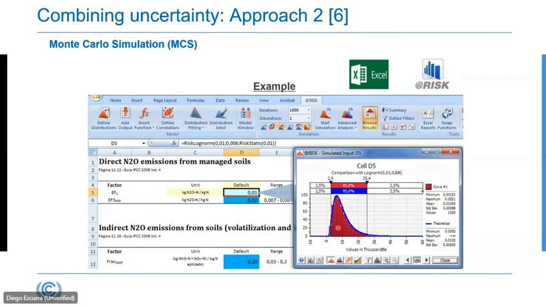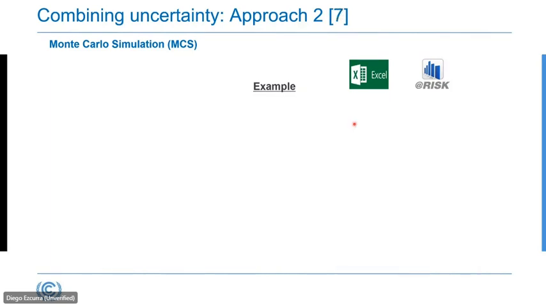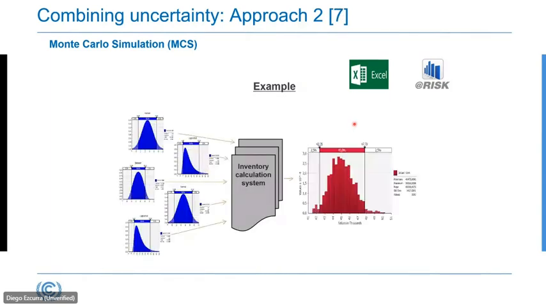And this will be translated into the result of the emissions. After doing that 1,000 times, as we selected here, we will have the result of 1,000 calculations of emissions in the GHG inventory. So that's how it works.